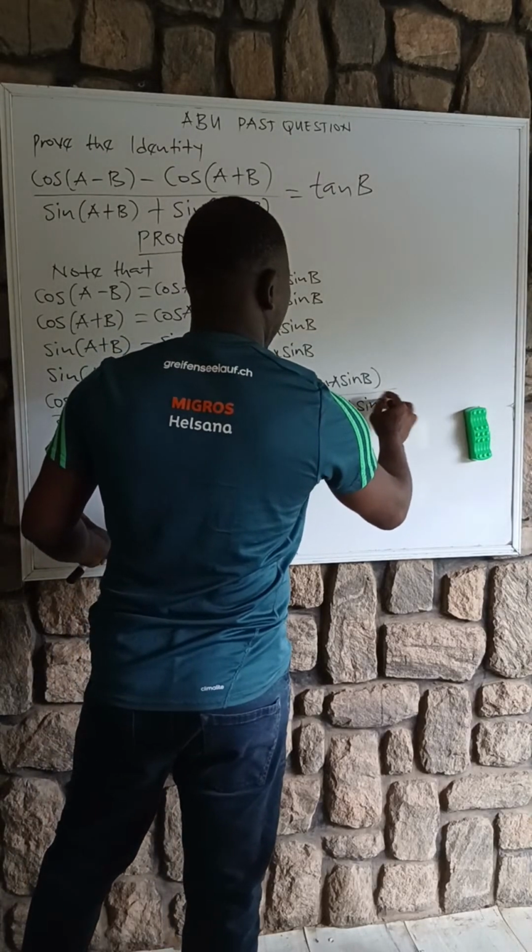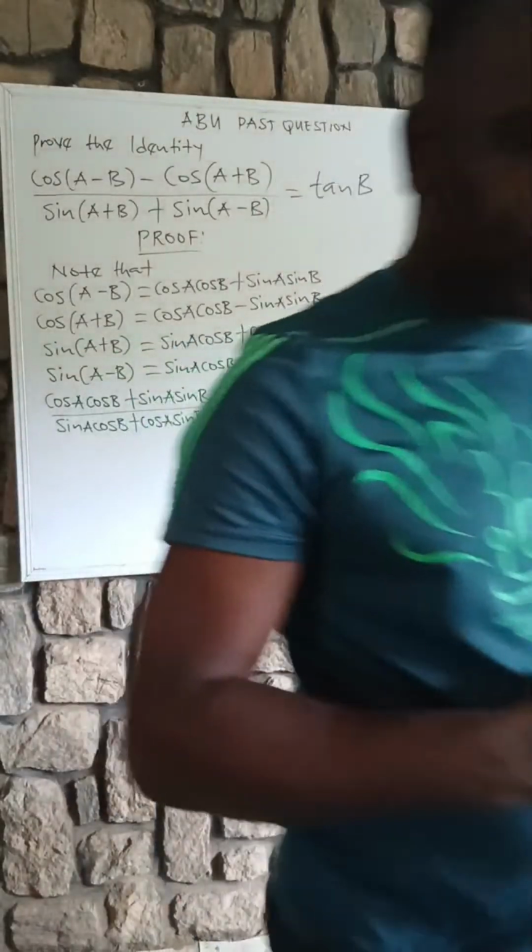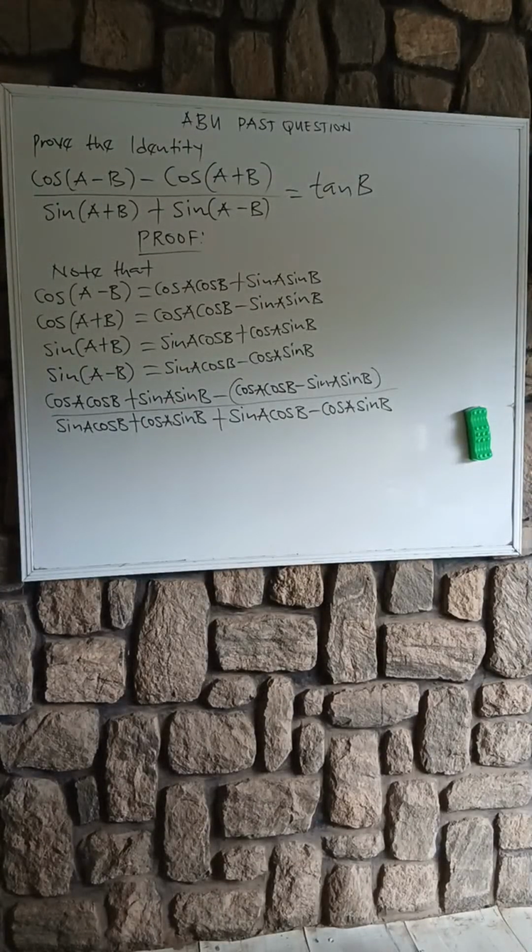Okay. Look at the board very well. Are you seeing what I am saying? Any question? Please, I want you to like, comment, and share. Any question? No question? So we can proceed, right? Okay, no problem.